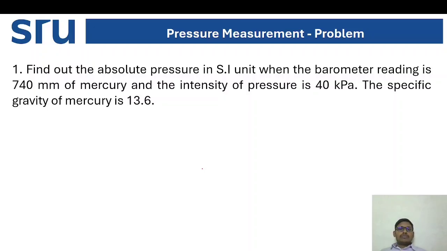So, find out the absolute pressure in SI units when the barometer reading is 740 mm of mercury and the intensity of pressure is 40 kilopascals.